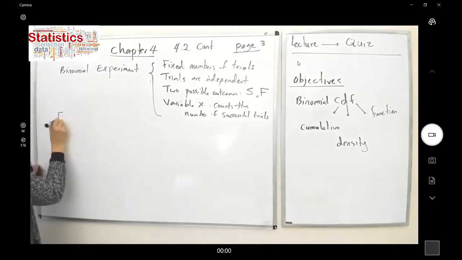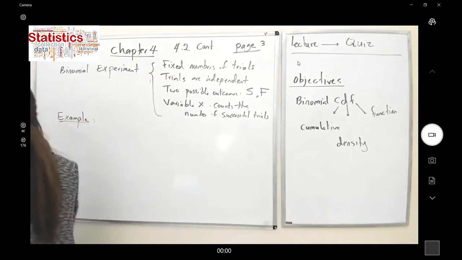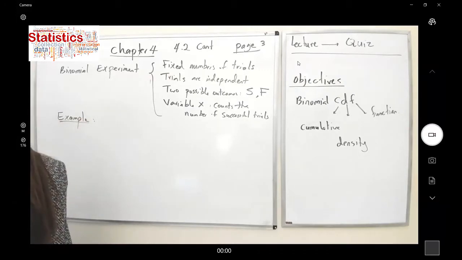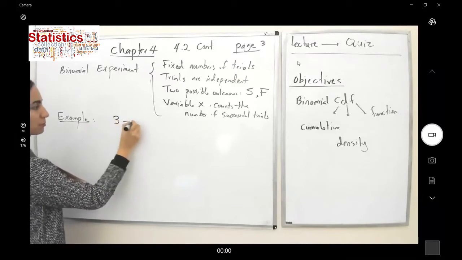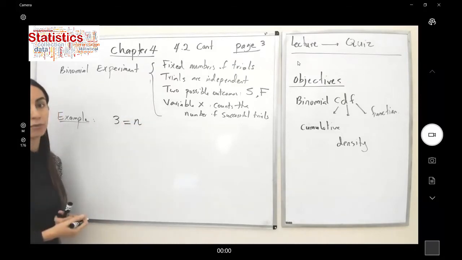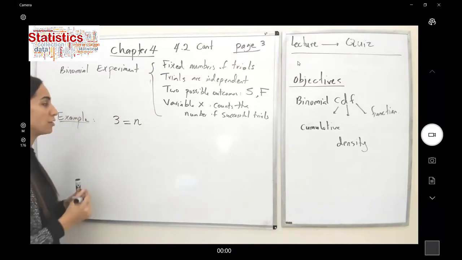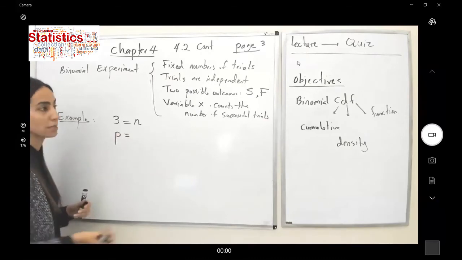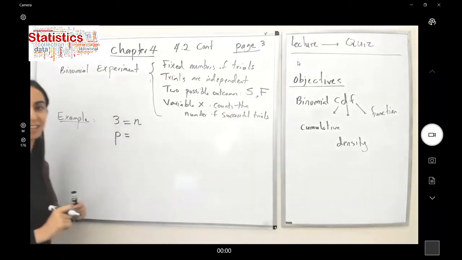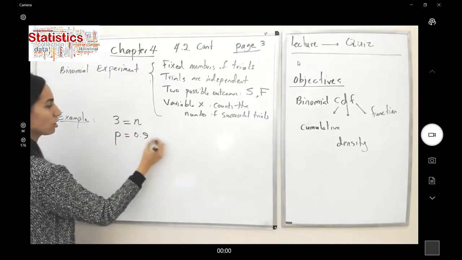This example said, suppose you're a surgeon and you're performing surgery on 3 patients. N is 3. And based on previous experiments, they know that P, or the probability of success, is equal to 90%. So 0.9 or 90%.